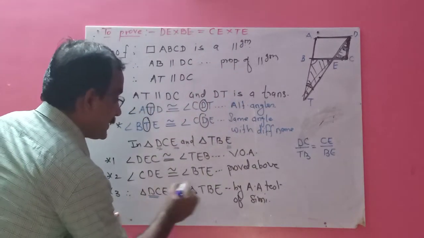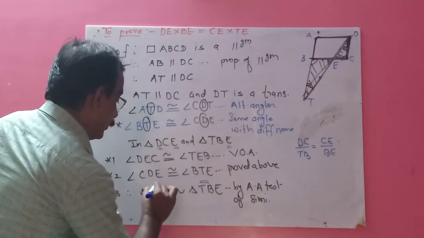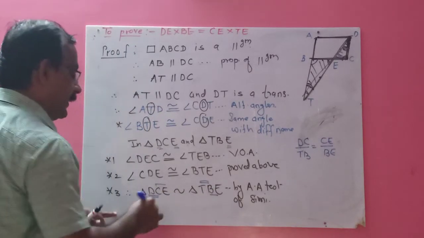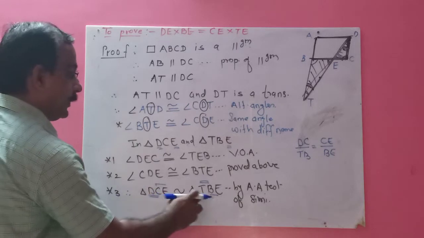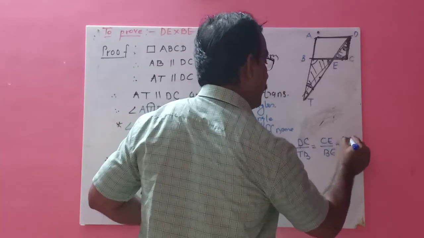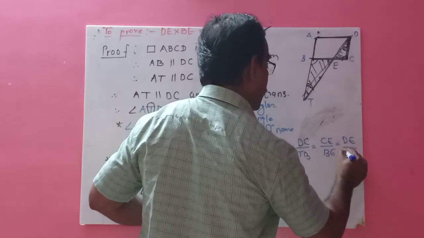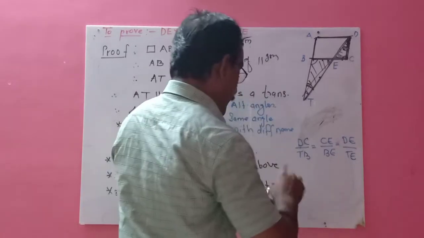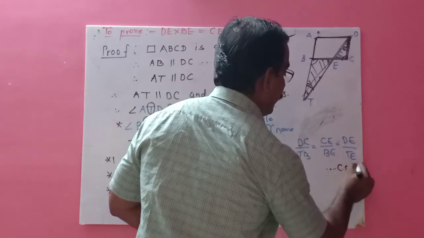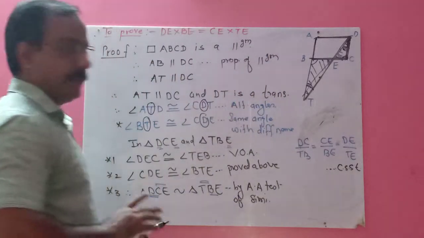I have taken first these two, then this, then you take these two and take this one, and finally DE upon TE. This is equal to DE upon TE. What is the reason here? Reason is corresponding sides of similar triangles.